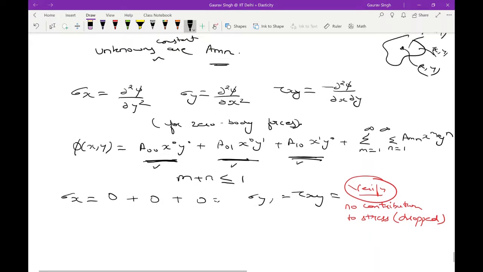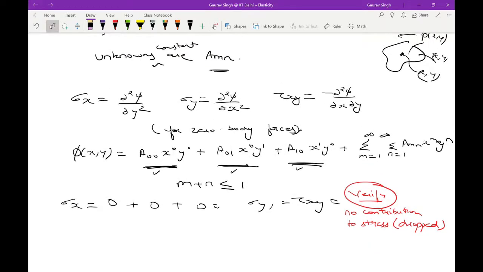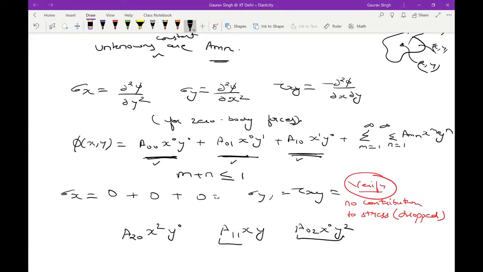You can also see that the second order terms, in the sense a20, a11 and a02, which is x0 y2, they will produce a constant stress field.